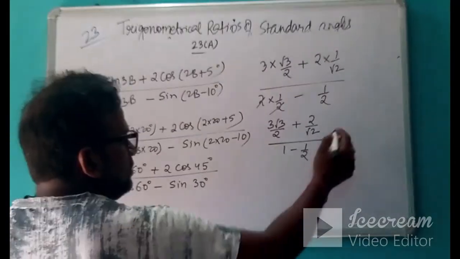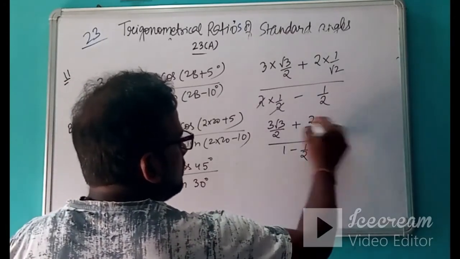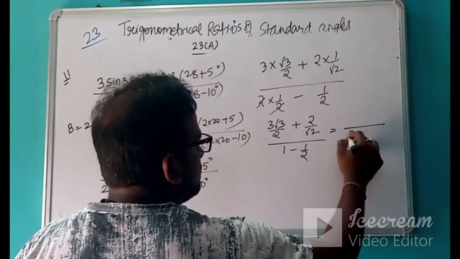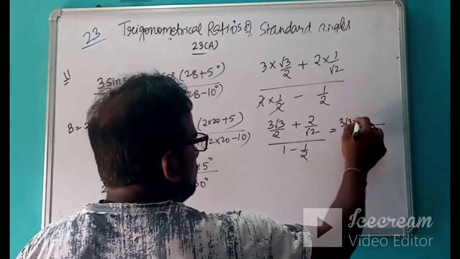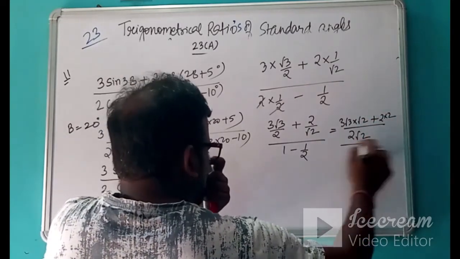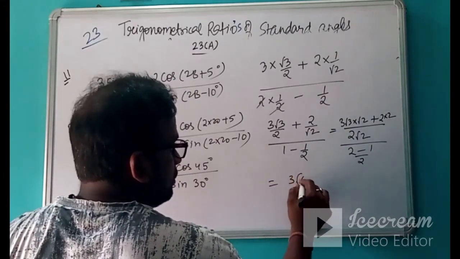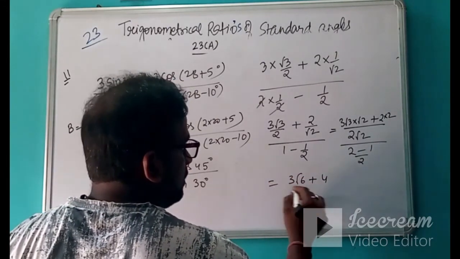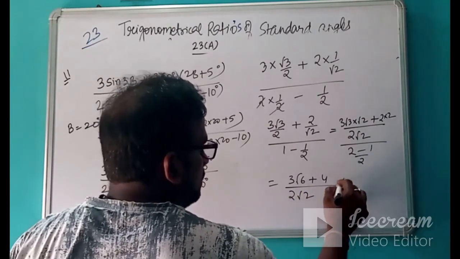Next, what we will do? We will take the LCM. It is 2 root 2, then 3 root 3 into root 2 plus 2 into 2 upon 2 minus 1 upon 2. So it is 3 root 6 plus 4 upon 2 root 2 into 2.